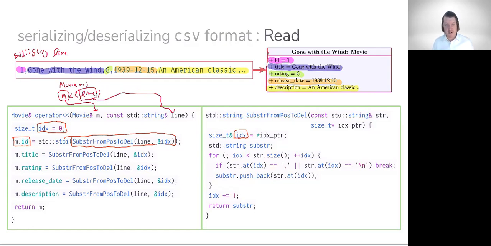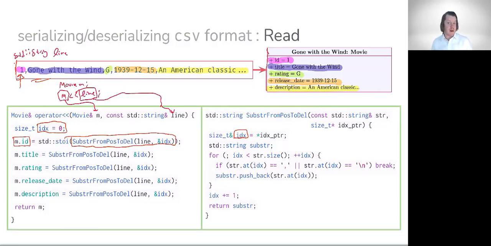And again, the size of the string is really the size of this line, because that's what was passed to our operator and then passed to substring from position to delete to initialize this string reference. As I'm walking through, I'm going to add characters to substring. The first time through, IDX is at 0, so we're looking at that character. IDX is less than the size of the string, so we hit the body of the loop.